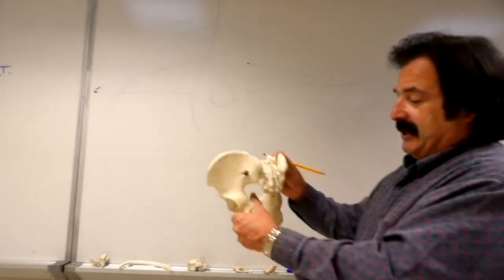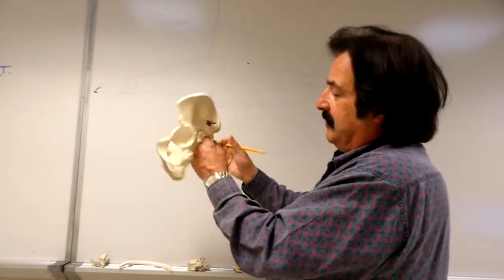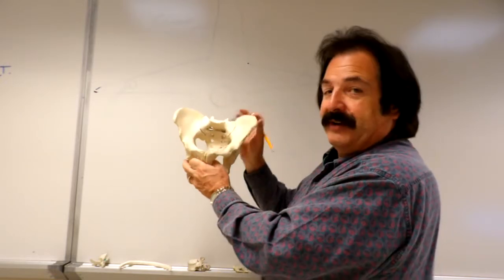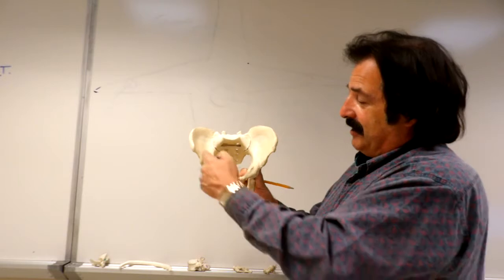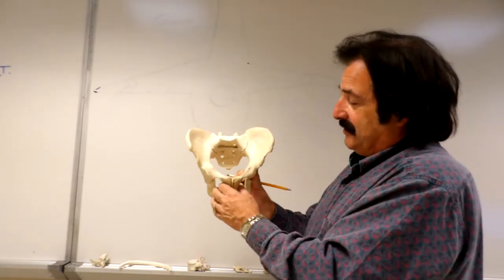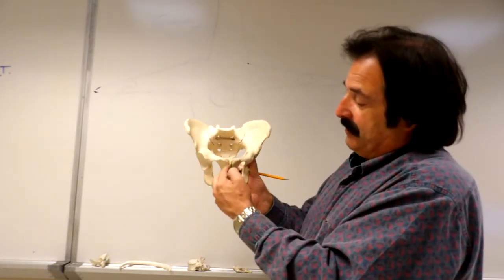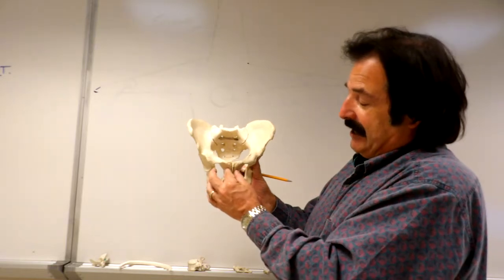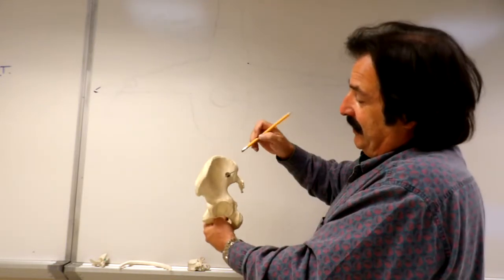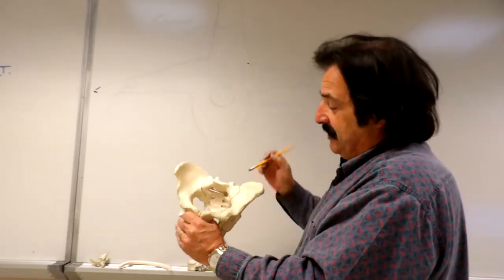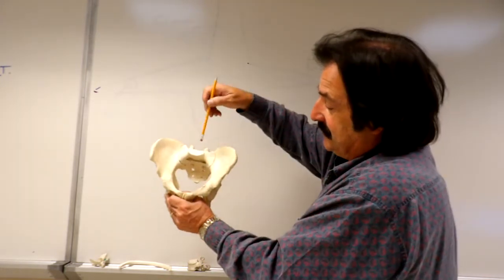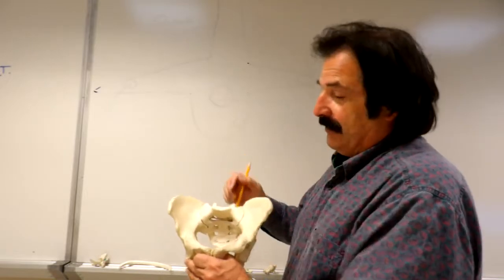Make sure you understand that the sacrum makes up the pelvic girdle. You have a right os cox, a left os cox. It is held by a band of fibrocartilage in the anterior position, and there is a rough auricular surface on the ilium, and the sacrum itself has a rough surface.